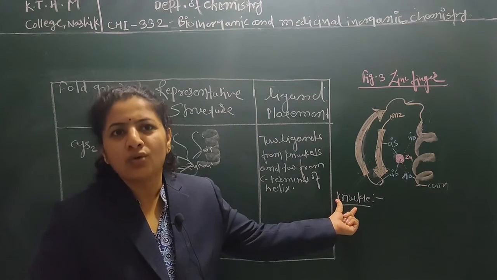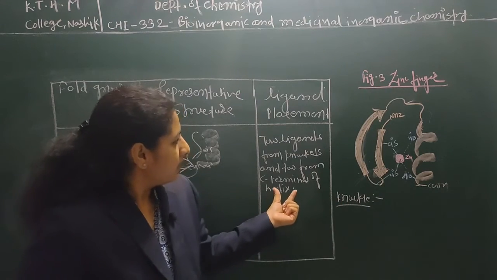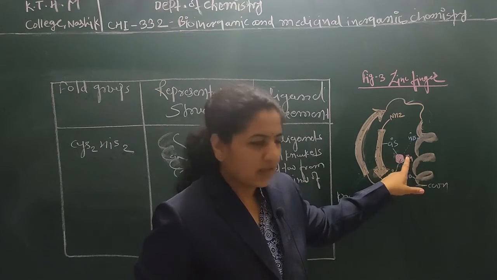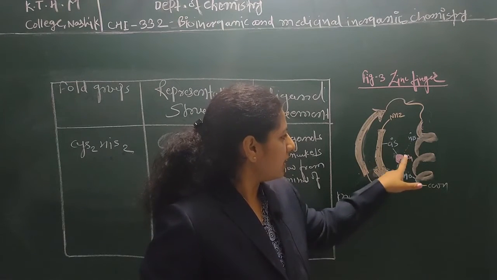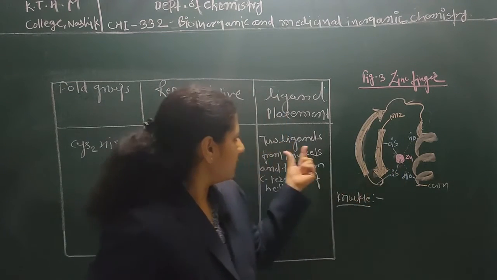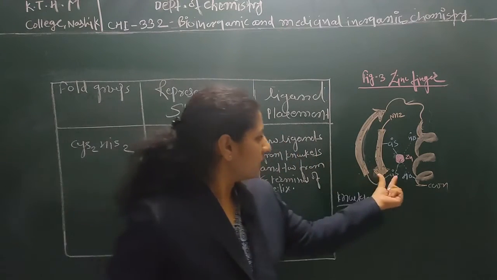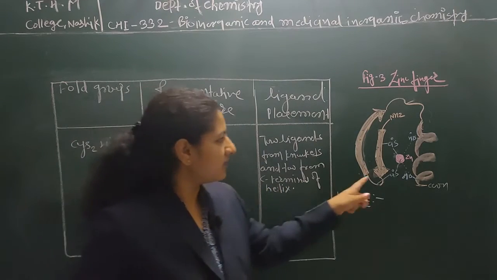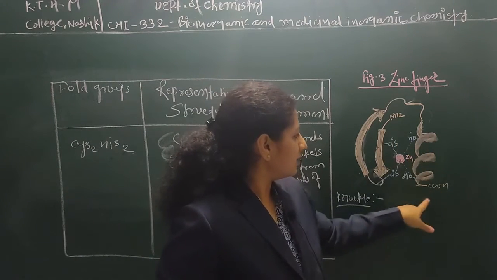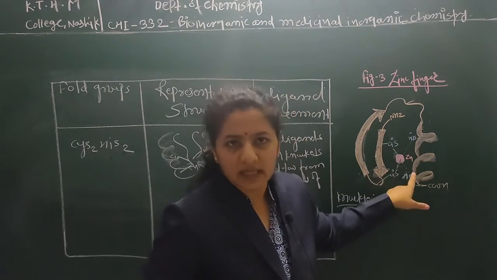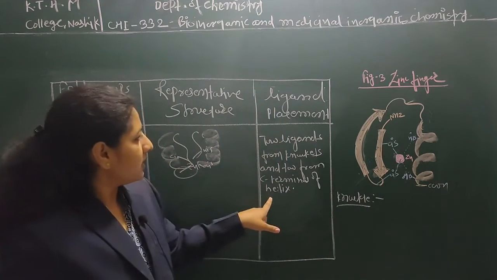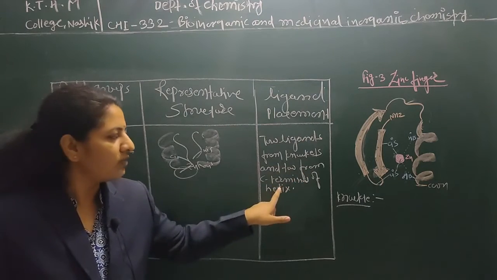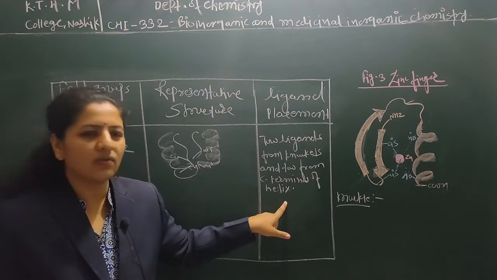So here if you see, the zinc is coordinated at an active site, and two histidines and two cysteines are joined, meaning two ligands are from the nucleus and two ligands are from the C terminus. This is a nucleus and this is the C terminus of the helix. So that's why this ligand placement is two ligands from the nucleus and two ligands from the C terminus of the helix.